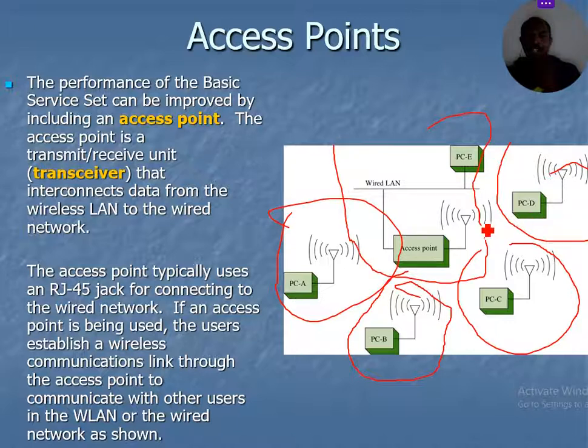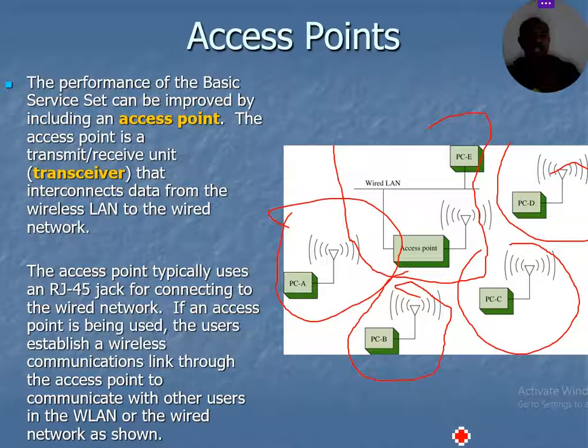Now, the reason we provide this access point is to enable connectivity between the wired network and the wireless network. Once you have an access point, you are able to provide communication between the wired local area network and the wireless network. The access point typically uses an RJ45 jack for connecting to the wired network.